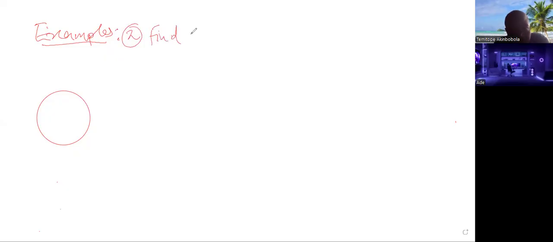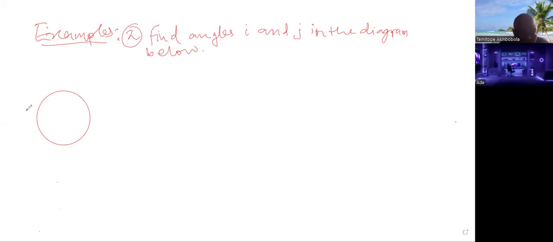Find angles I and J in the diagram below. And here's the diagram. Let me do the lines.